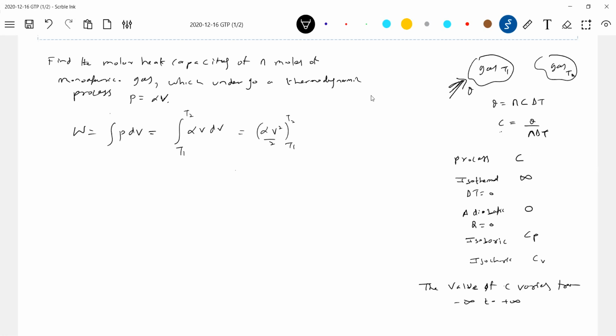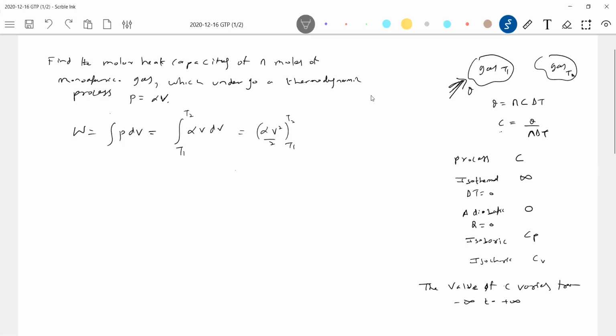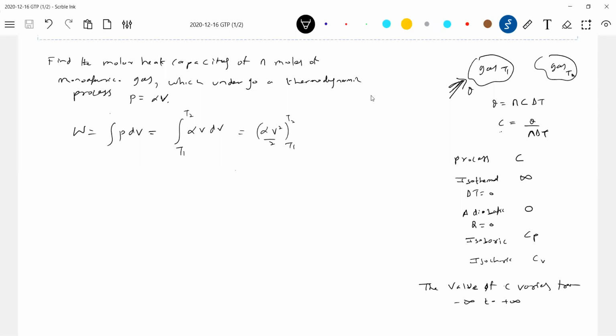The limits are temperatures, a quantity which I can very easily let change. Can we apply the limits? Yes, no problem. Again I'll use the ideal gas equation, PV equal to nRT.